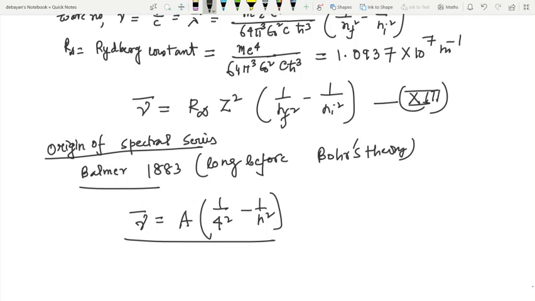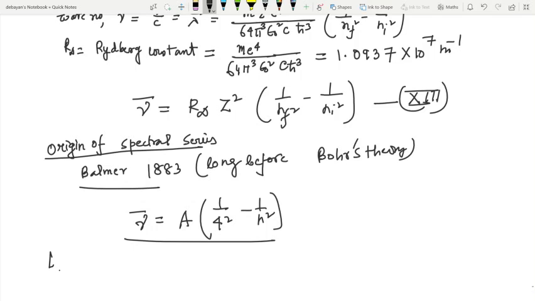So we know that the wave numbers of the different spectral lines of hydrogen in the visible region, visible region meaning the wavelength is such that we can see the light, can be expressed by a single mathematical formula. Those lines are said to belong to the spectral series known as the Balmer series. Later, some different series come.